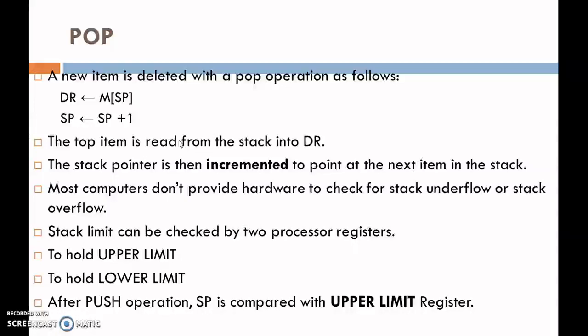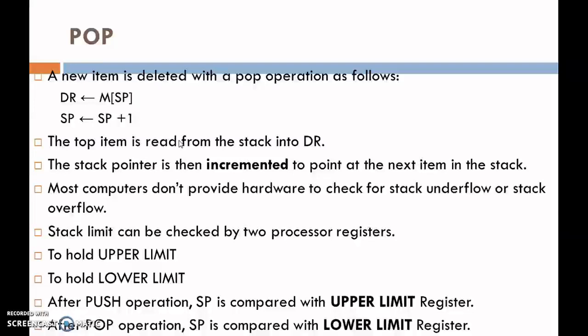If the SP reaches the upper limit, then there is no possibility of inserting a new data item using the push operation. And after a pop operation, a delete operation, SP is checked with the lower limit. If the lower limit is exceeded, then there is no possibility for the pop operation.